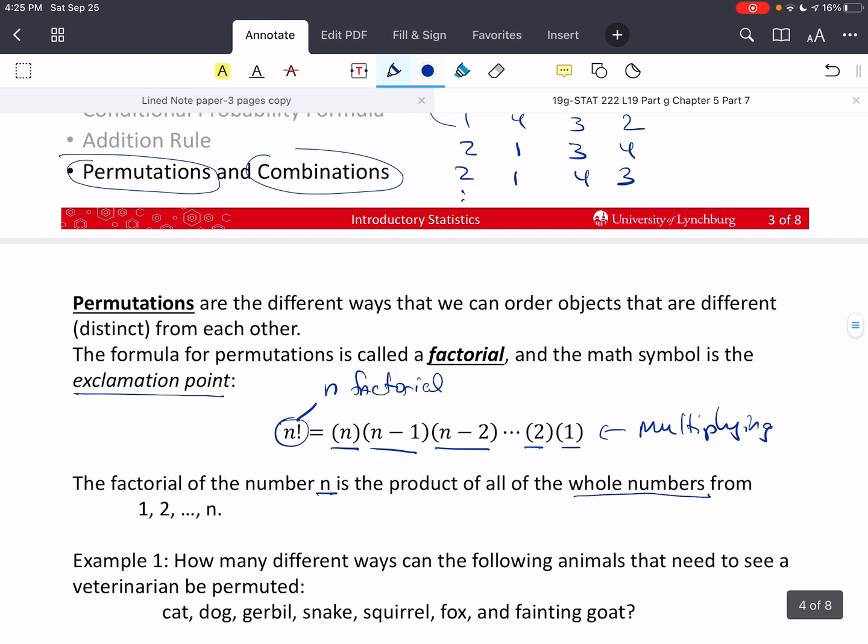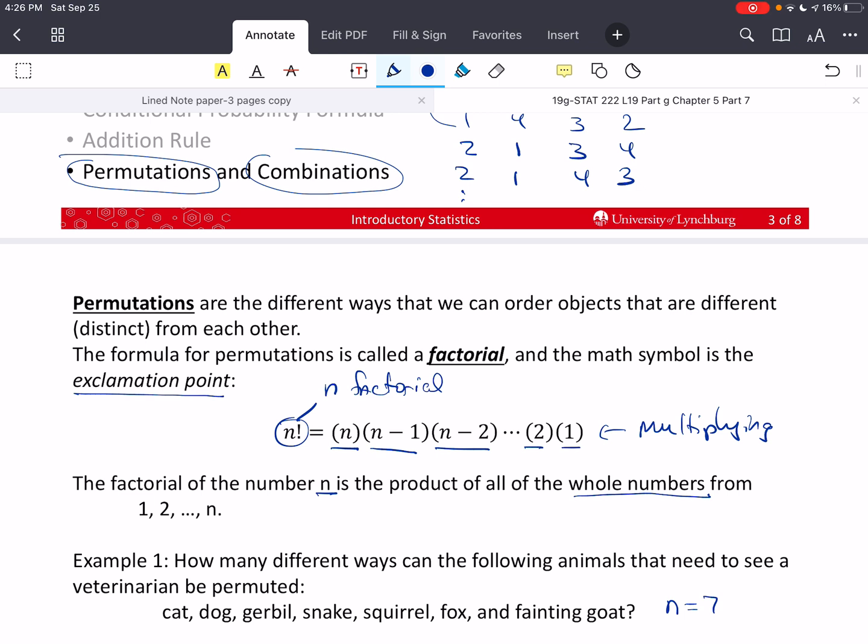How many different ways can the following animals that need to see a veterinarian be permuted? So what we have is 1, 2, 3, 4, 5, 6, 7. We have n equals 7 animals.